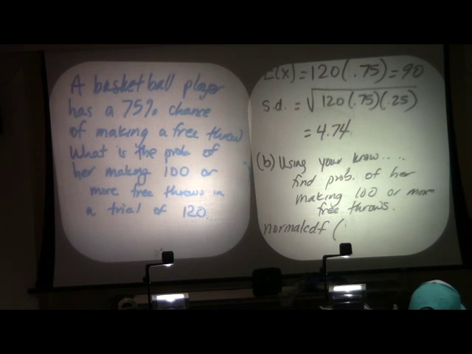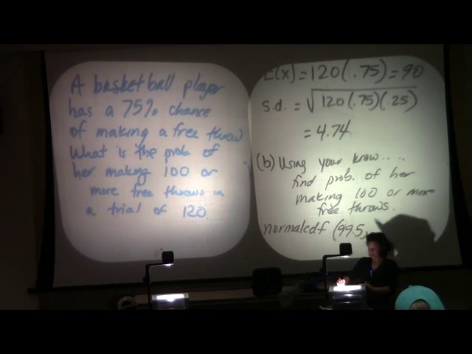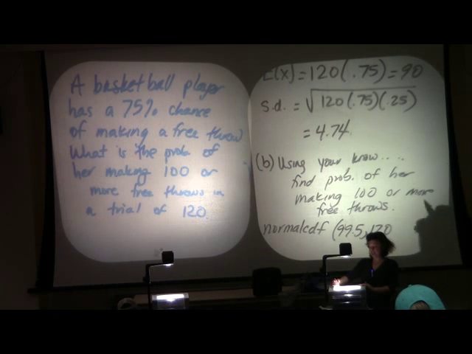Am I interested in the 100? Yes. Since I'm going greater, don't I buffer it to the left then? So what will I put in for my lower? 99.5. For my upper, well, she's shooting 120 throws. My mean is 90, and my standard deviation is 4.74.